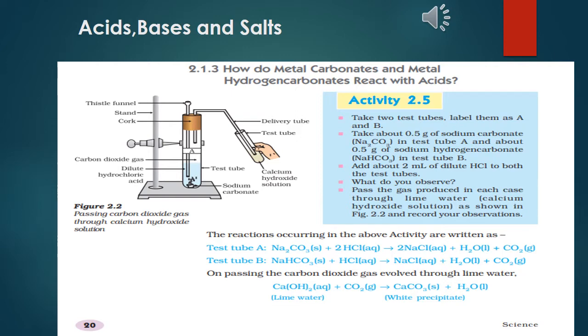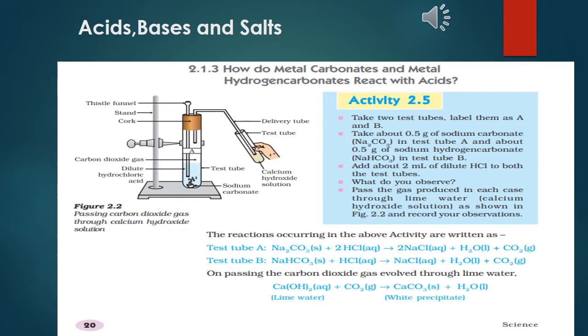This carbon dioxide gas, if you pass it through lime water, meaning calcium hydroxide, as you see in reaction number 3, then a reaction takes place to form calcium carbonate along with water. This reaction we have also discussed in chapter 1.